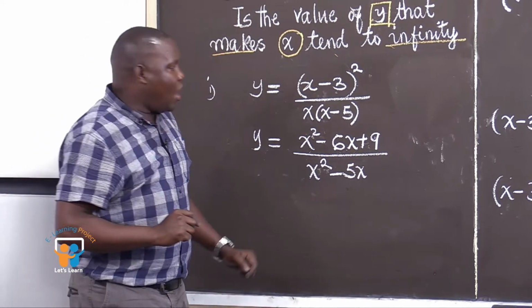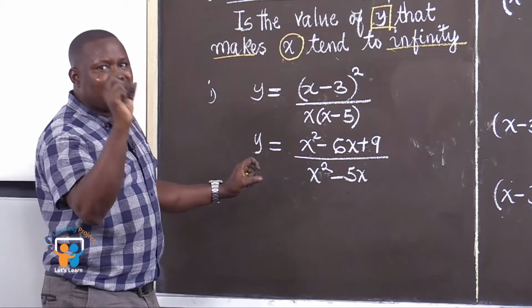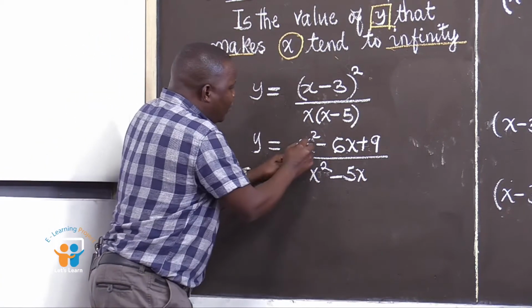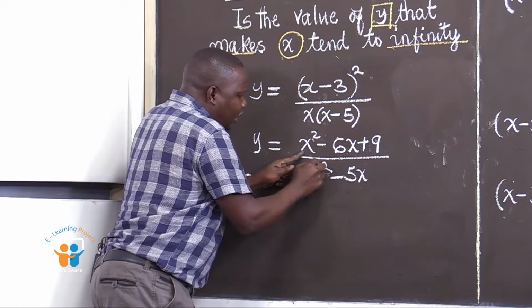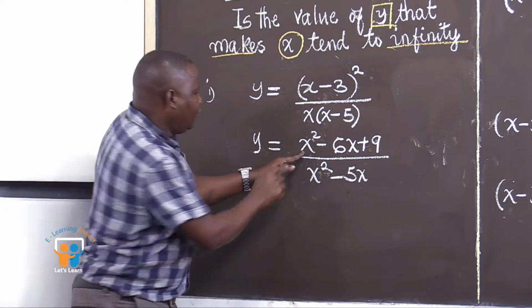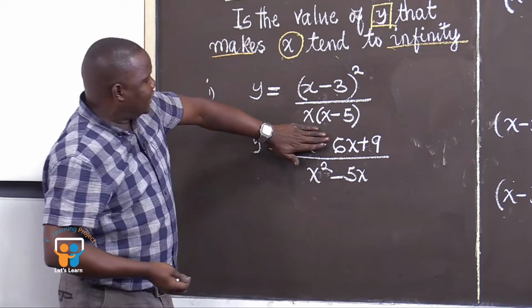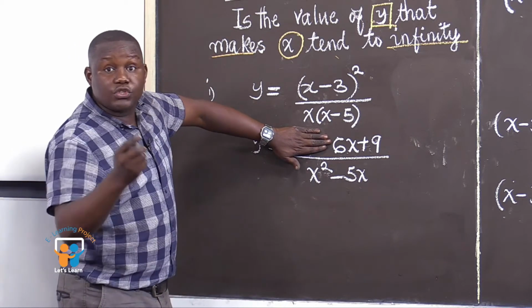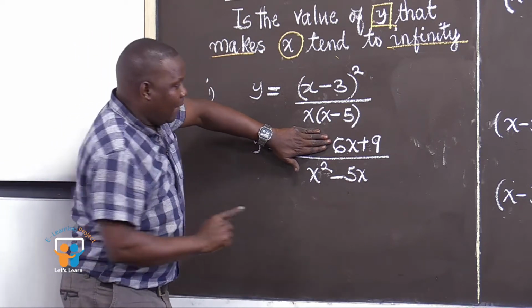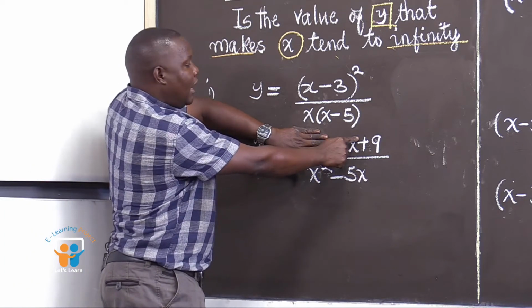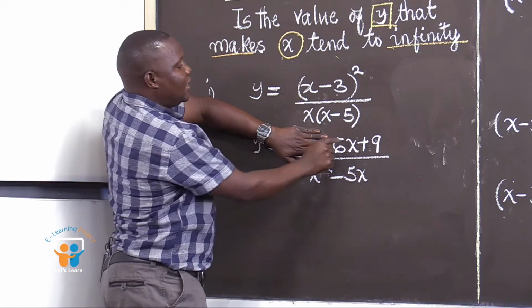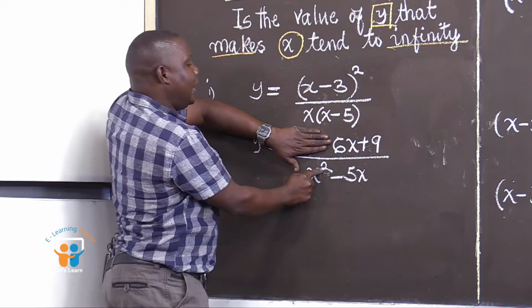Now, in this case, all we need at this point is to know that once the two are equal, or if the numerator has a lower degree, supposing this wasn't there, we would say it is still proper. Why? Because the degree would be only 1, and this is 2, meaning the one in the numerator is smaller than the one in the denominator.